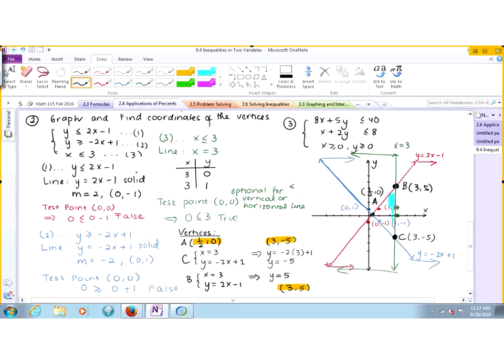Doable? Yes, Johnny. You mean like this? So you have to know this line is a vertical line, right? And then when you have y equals 5, for example, this is a horizontal line.